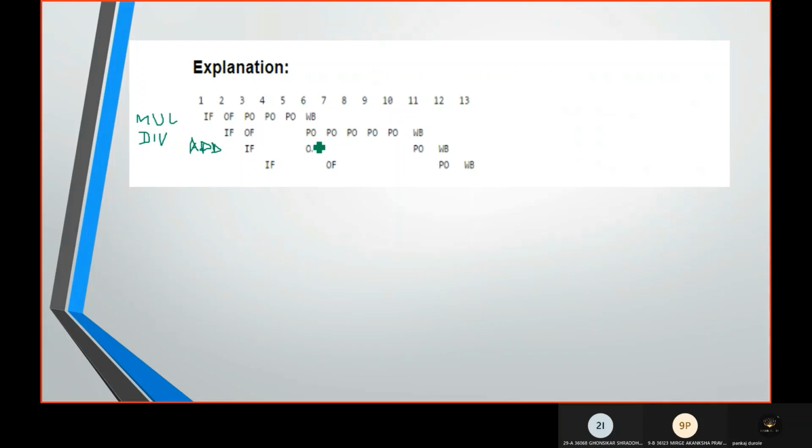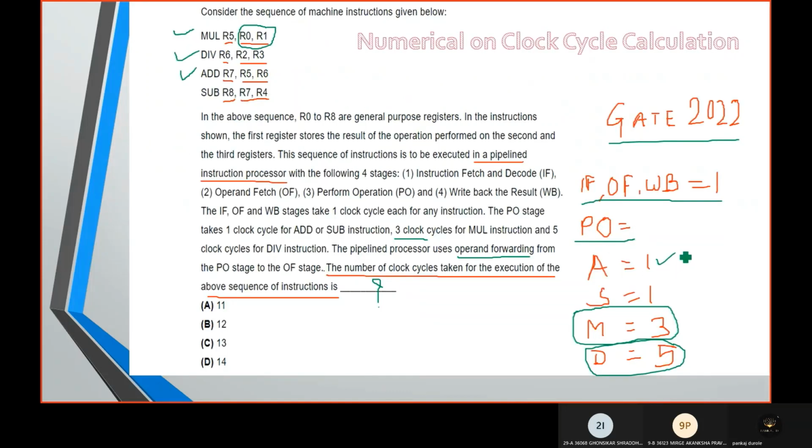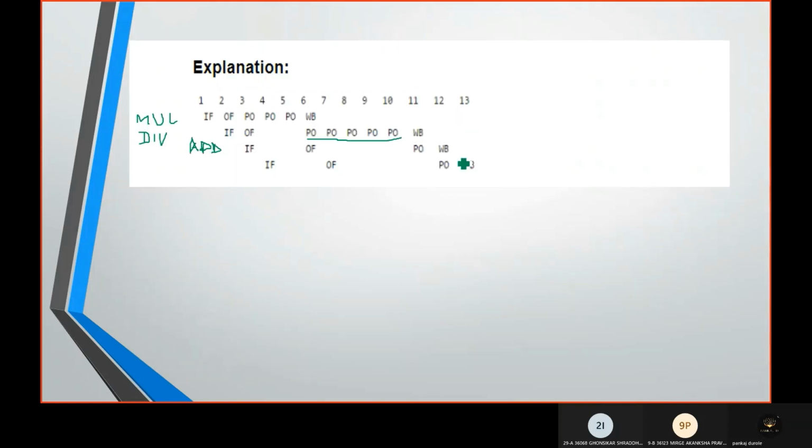But if the perform operation stage of the previous instruction is going on, I cannot perform the operation on the next coming instruction. So I perform the operation here, and as add requires only one stage for perform operation, I take only one stage, and then write back.